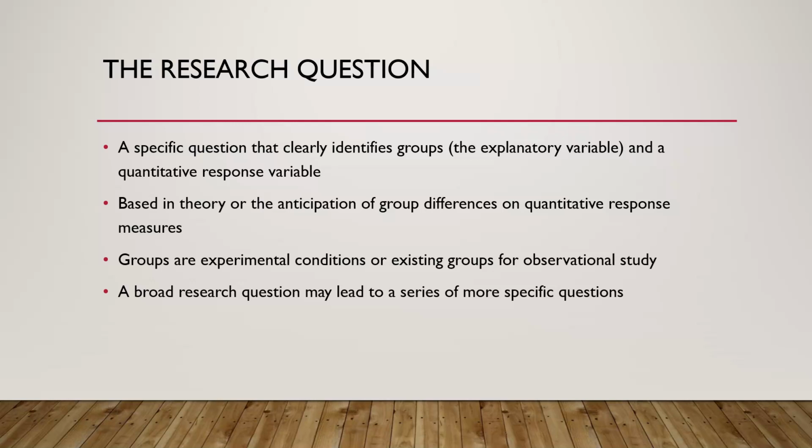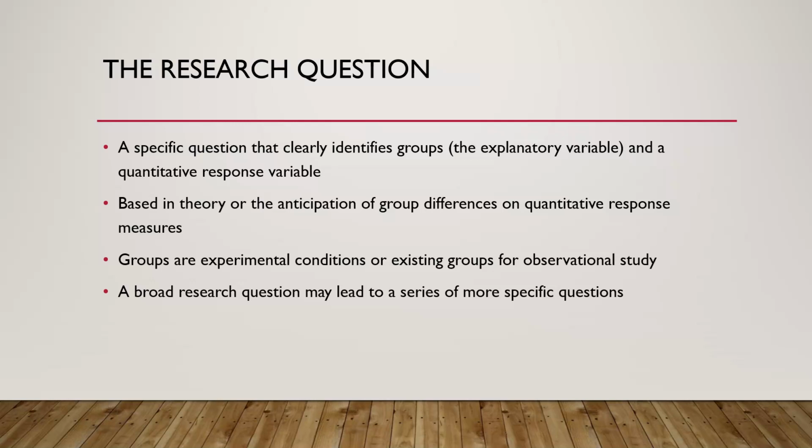The groups can be either formed by experimental conditions, that is, we could randomly assign participants in our study to groups, or they may be existing groups, groups that exist that we then categorize individuals based upon a pre-existing categorical explanatory variable, and we categorize individuals into the levels of that variable. And then, as we will see, a broad research question may lead to a series of more specific questions.